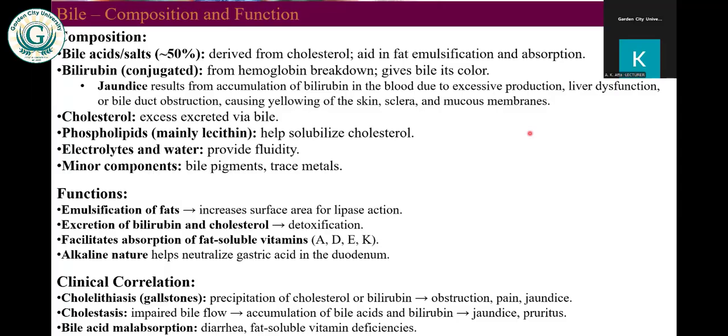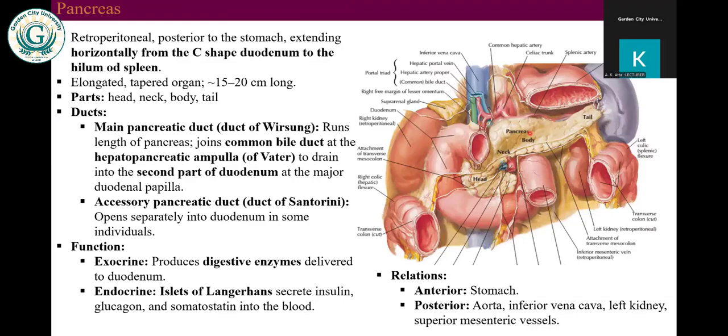So this is the composition of bile. You can read about it. Now the pancreas. In anatomy, we say that the pancreas is retroperitoneal, except for a small tail.